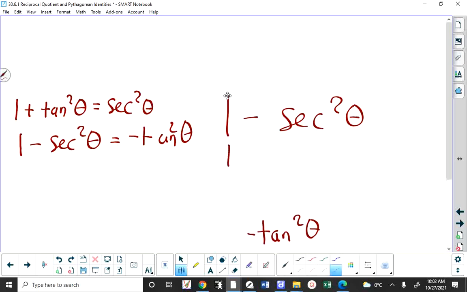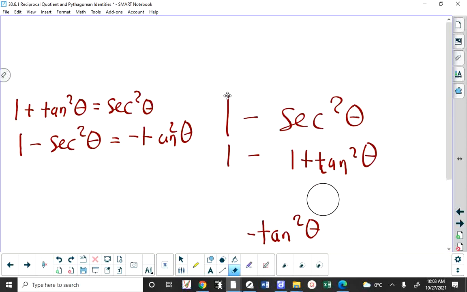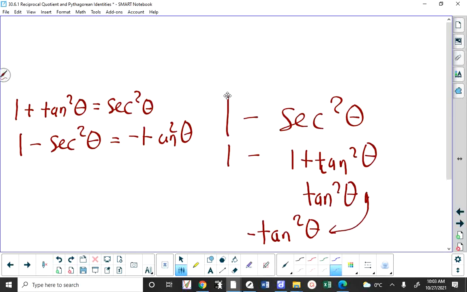If you instead put in 1 plus tan squared, I can easily see people writing this and going 1 minus 1 is 0, so it's tan squared. Of course, I hope you understand that these 2 things are not the same. One of them is wrong.